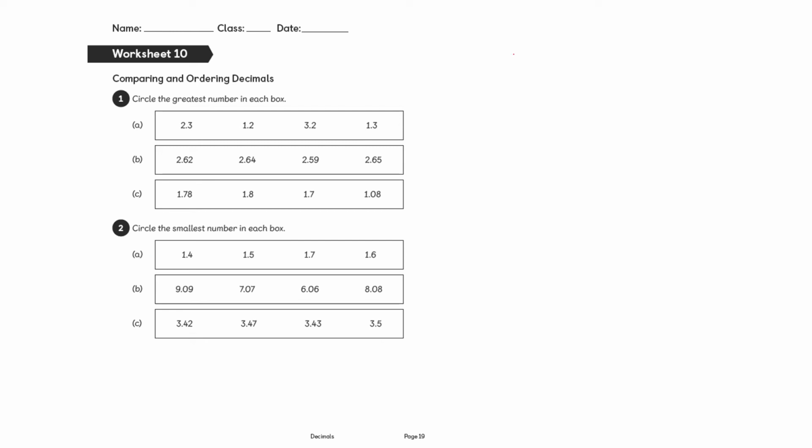I might put 2.3 and 1.2 and 3.2 and 1.3. It's really important that our decimal point is always in the same place over each other and that you have your numbers in the right columns.